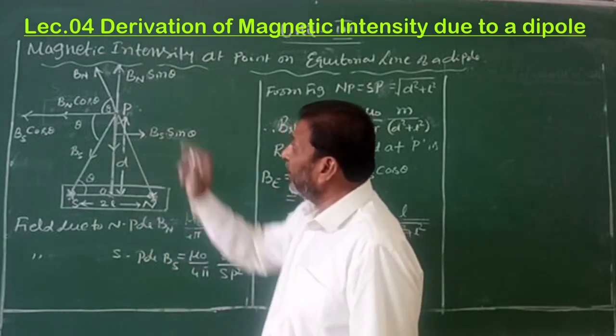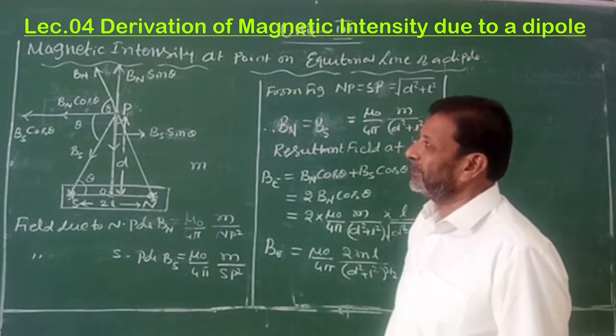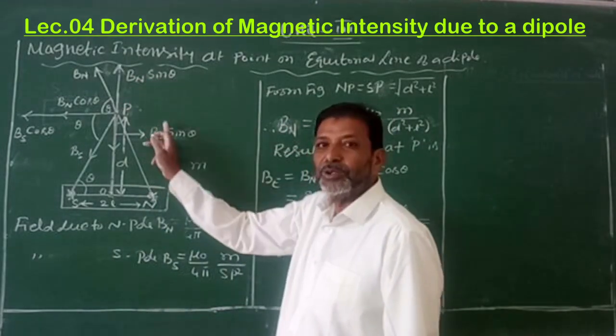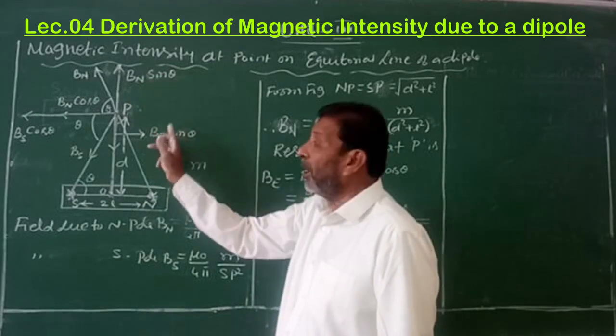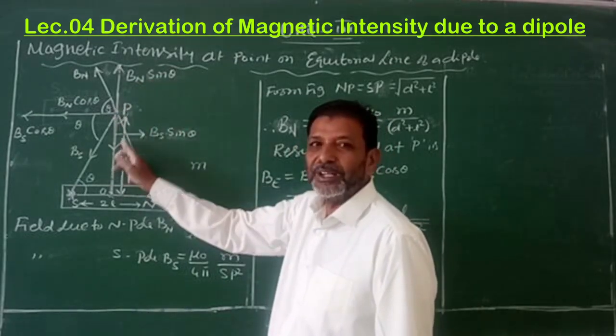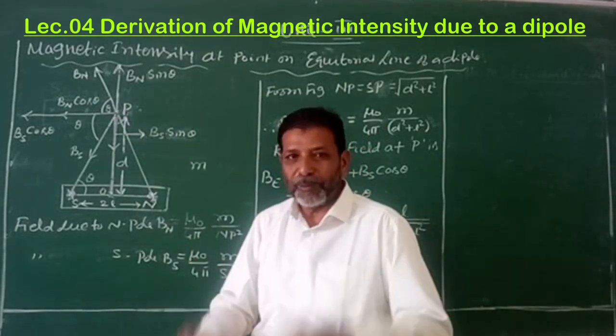Now looking at the figure, here Bn sin theta is equal to Bs sin theta. These two are equal and opposite in direction, therefore the resultant value will be equal to 0, isn't it?